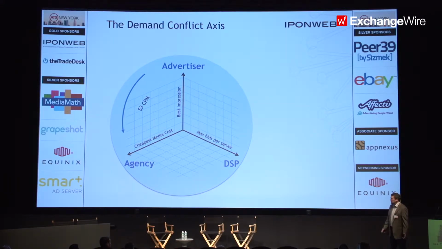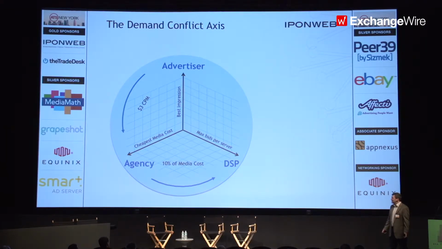So at that moment, the immediate interest for the agency is to get as cheap impressions as possible, because the difference, at least for some agencies, in some cases, between the $3 CPM and whatever they buy media at goes as margin for the agency. Now, the agency goes to the DSP and says, look, I'm paying you 10% of media cost, which again is misaligned with the immediate reason to get the cheapest possible media buy.